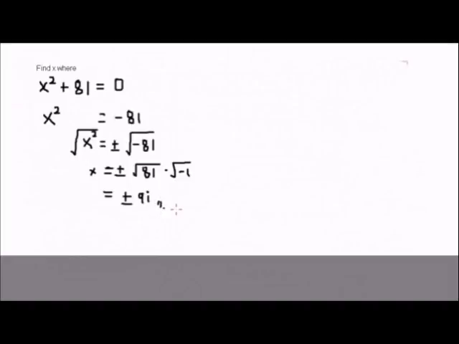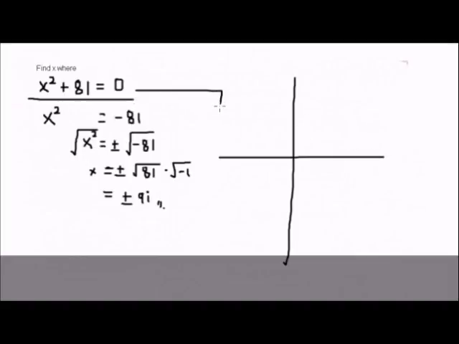You have to know that quadratic equations always have two answers, whether imaginary or real. When you plot this, let's put this equal to y, and then let's look. This actually never touches the x-axis. That means it has no real solutions.